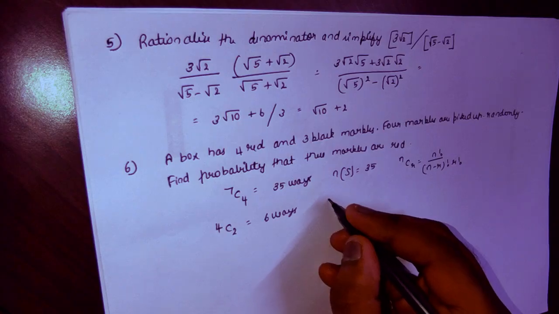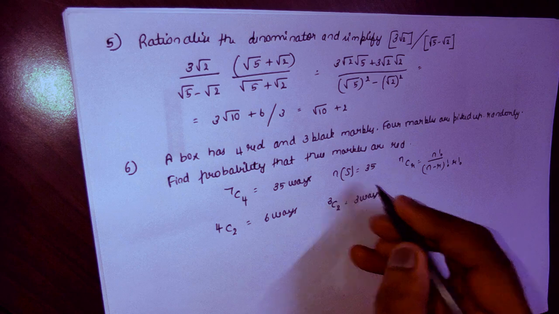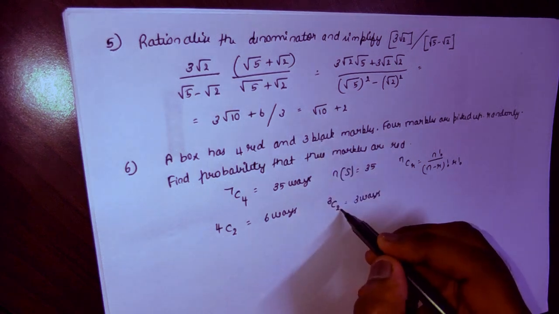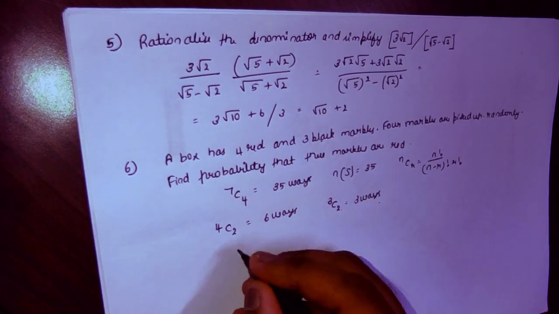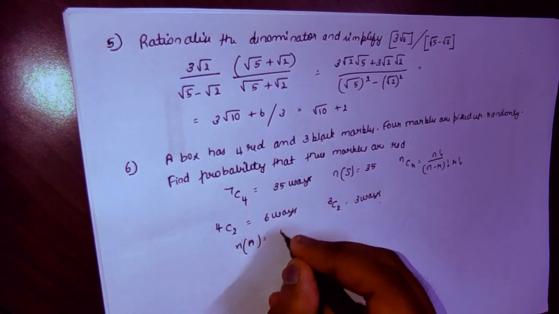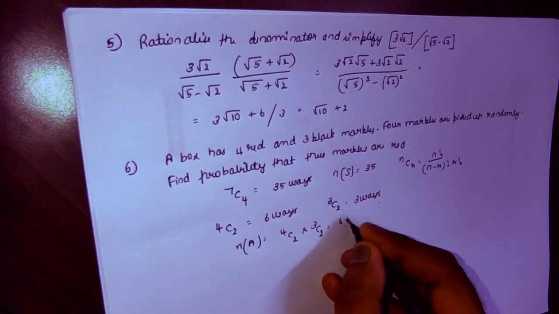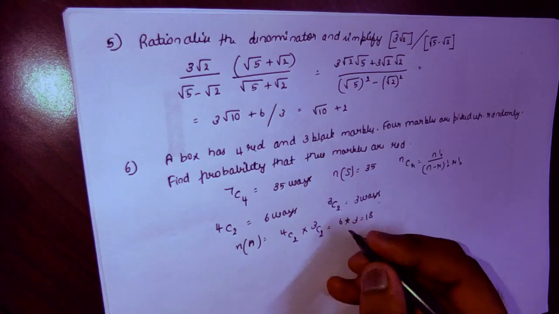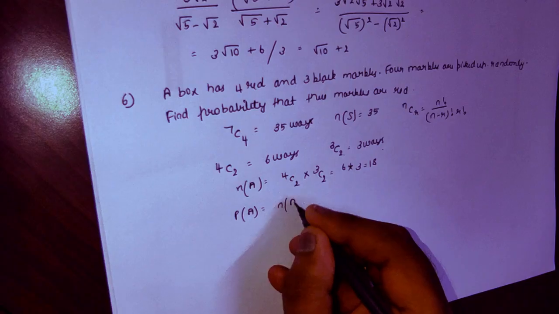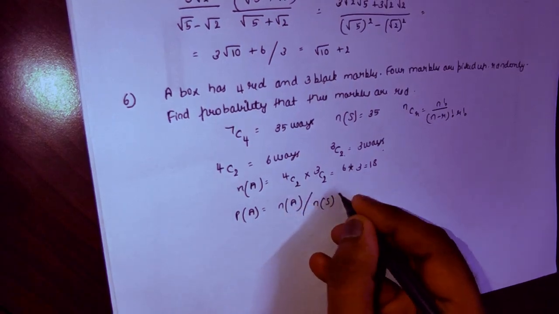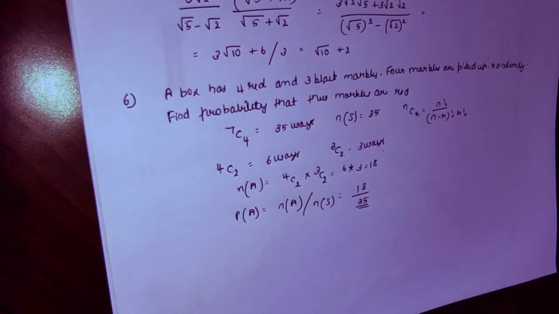So it becomes 3C2, that is 3 ways. Out of the 3 black marbles, the other 2 should be black, so it is 3 ways. So total n of A is equal to 4C2 into 3C2, that is 6 into 3, that is 18. So the probability of A is n of A divided by n of S, that is 18 by 35. This is the solution.